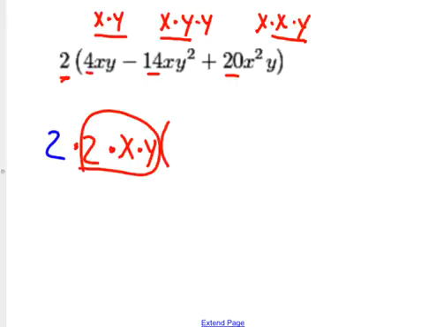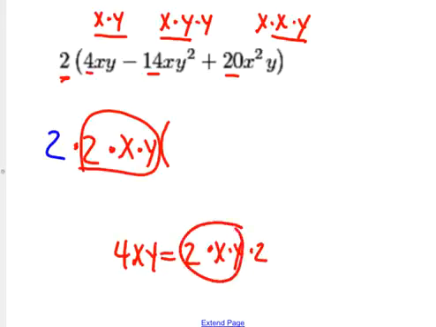Okay, so let's see. 4xy is equal to 2 times x times y times 2. And again, I'm taking this out, which leaves me with a 2 inside. Okay, and then in this case I'm subtracting. I have a minus.